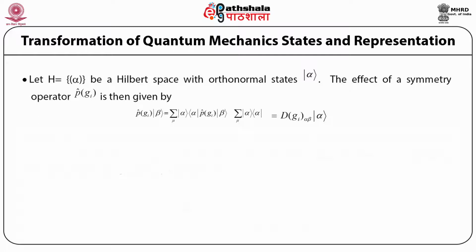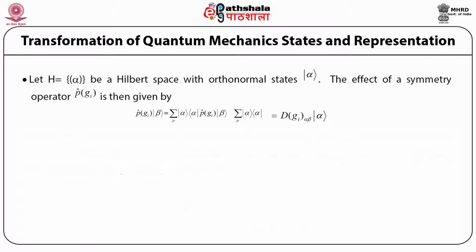The effect of the symmetry operator P hat g_i acting on the state beta can be expanded in terms of all these states in the Hilbert space, which is equal to a sum over alpha of the state alpha times the expectation value of the operator P hat between alpha and beta, with the notation that alpha alpha is 1.